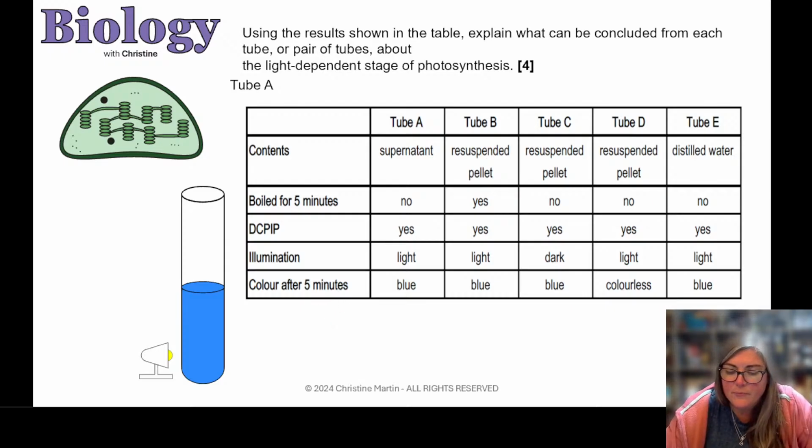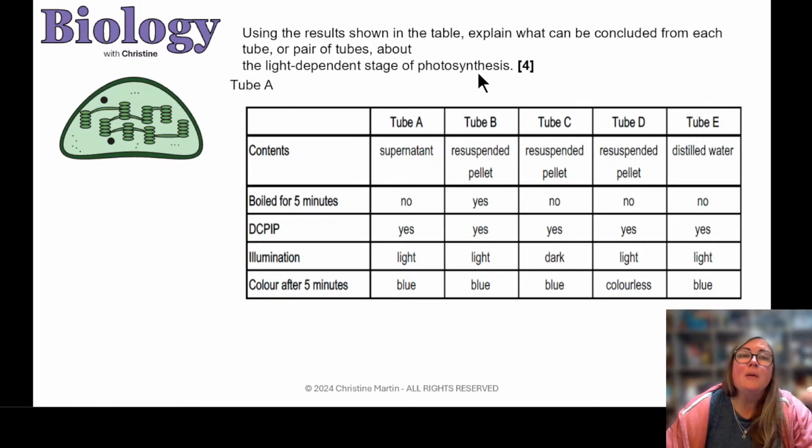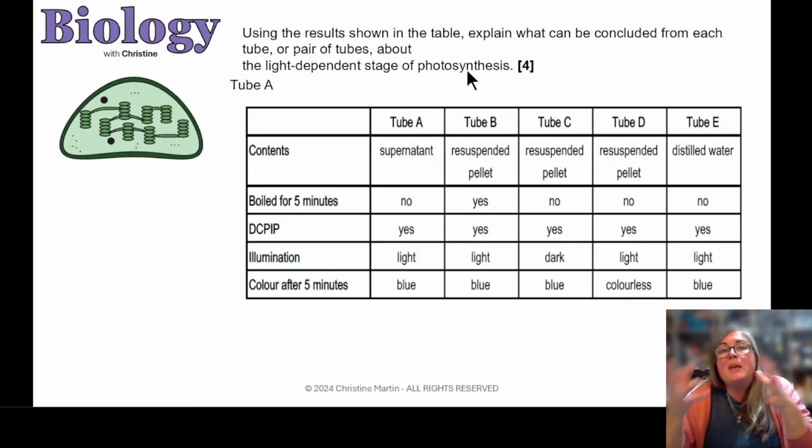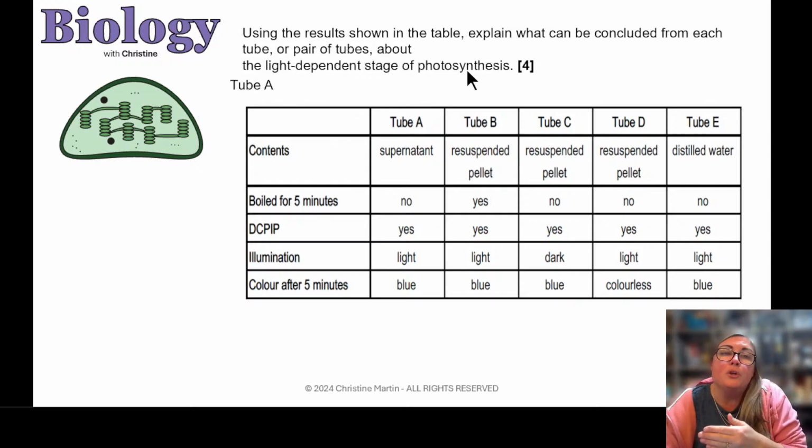It stays blue. So what does that tell us using only tube A? Well, we know the light dependent stage of photosynthesis. We would have the light being absorbed by the photosystems, the electrons being excited, the electrons being donated to the electron transport chain, and they will move through to the final electron acceptor.